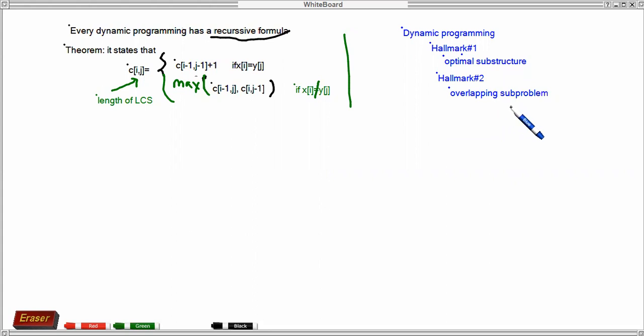Because it is a recursive solution, there will be a small number of distinct subproblems. In case of hallmark one, the optimal solution to a problem contains optimal solutions to its subproblems. It will take time to prove this, so if you are interested, we will go for it.